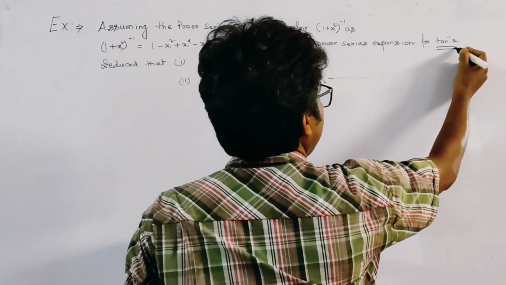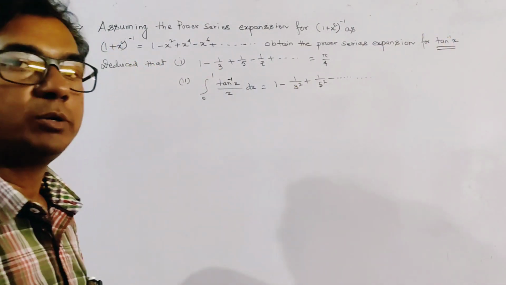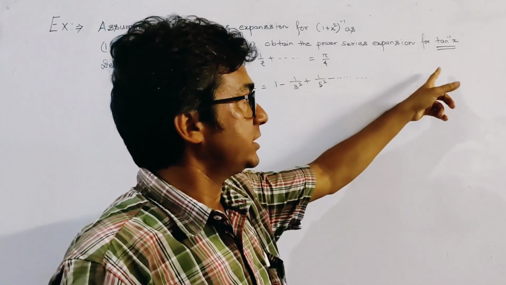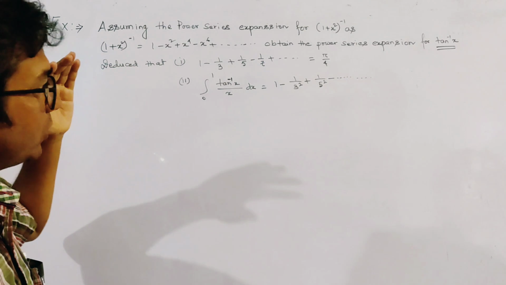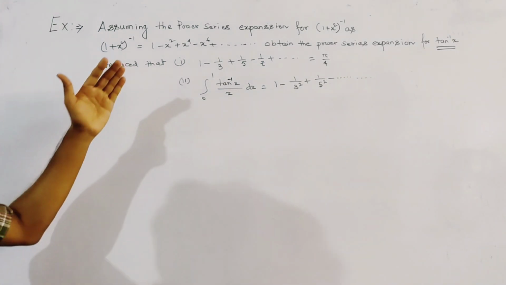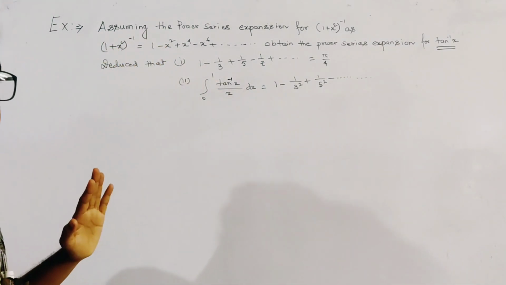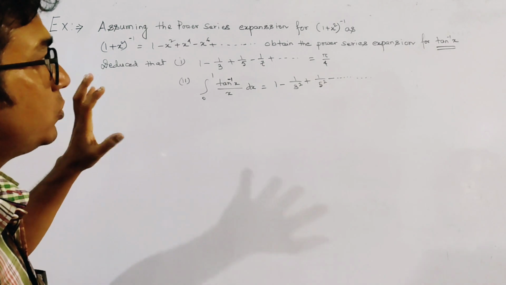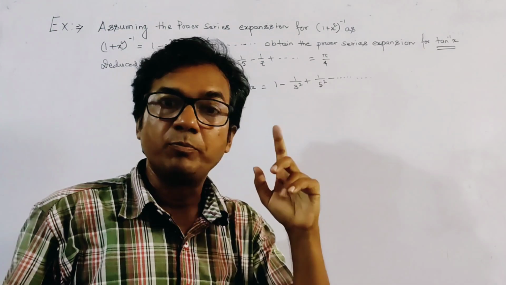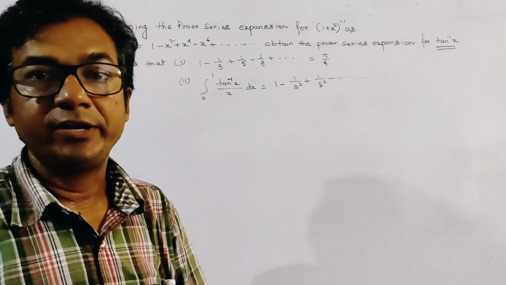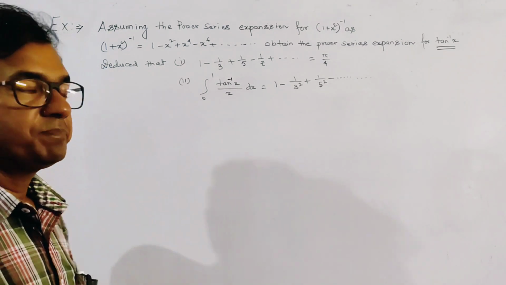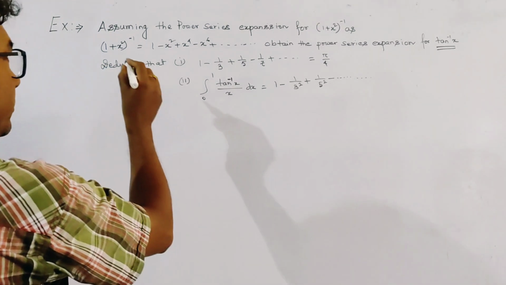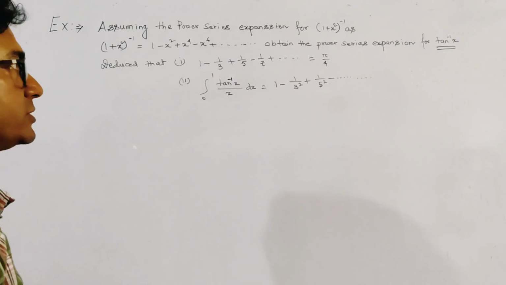So we have to find the power series of tan inverse x using the power series expansion of this, and also deduce two results from this result. In this type of problem, we first find the radius of convergence of the power series.